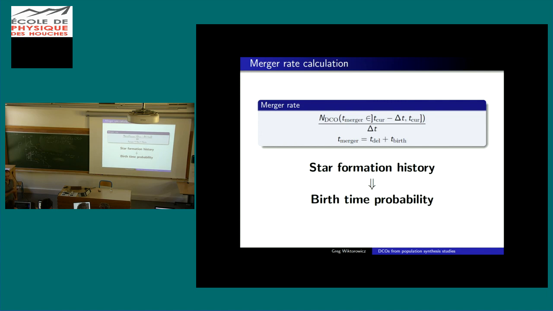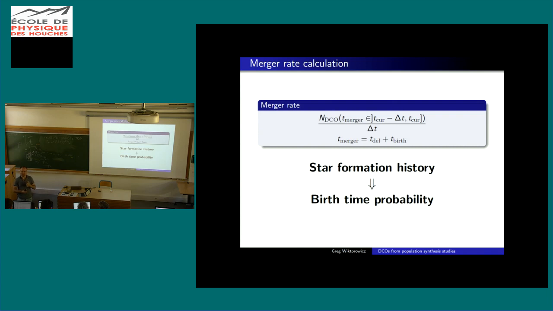Okay, so T-birth is the most problematic here, and it depends on the star formation history. When we assume that the star formation history is constant, the birth time is equally probable at any time.